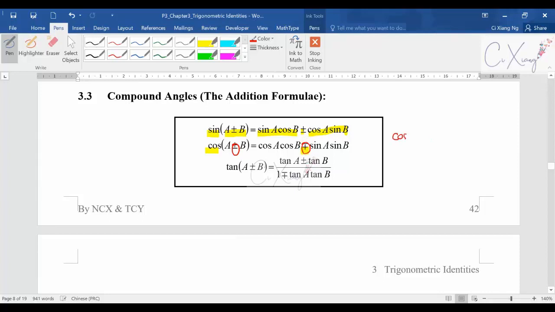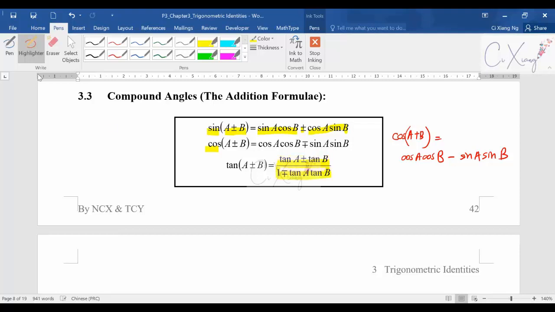Which means if you have cos (A plus B), when you expand it, it becomes cos A cos B minus sine A sine B. Please take note of this. After that, tangent (A plus minus B).